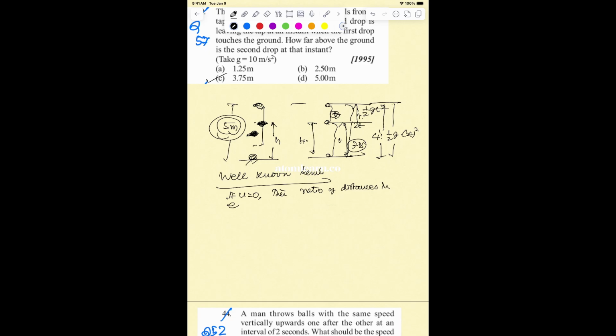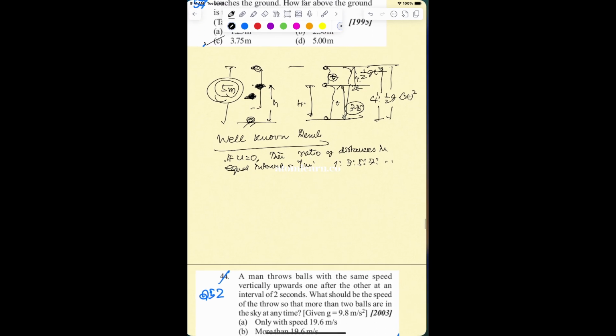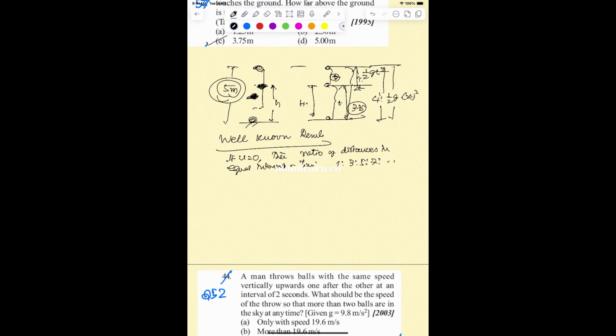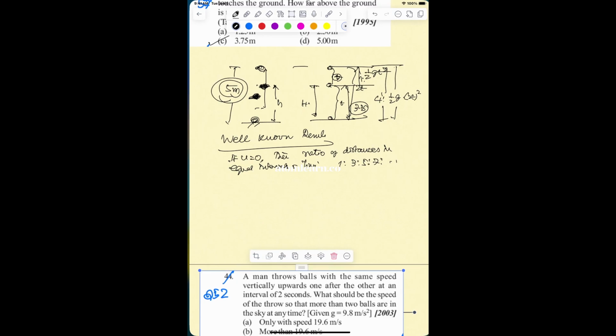The ratio of distances in equal intervals of time, equal t values, is in the ratio of 1:3:5:7 etc. Now take for example this situation, which is free fall under gravity.